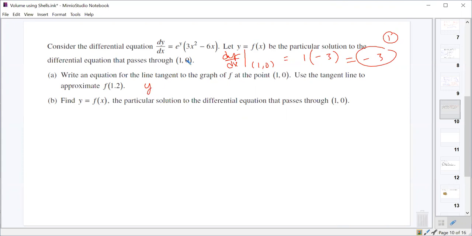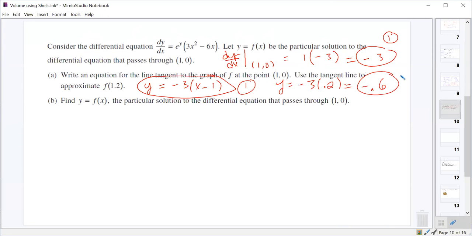So y minus 0 equals -3 times x minus 1. Just point slope form. There's 1 point. And then approximating f of 1.2, y is -3 times 0.2, which is -0.6. 1 point for that. Good. Should be an easy 3 points.